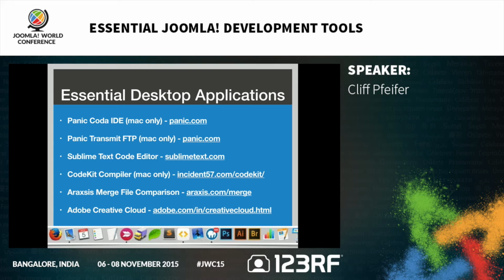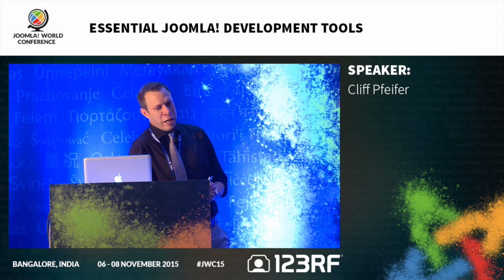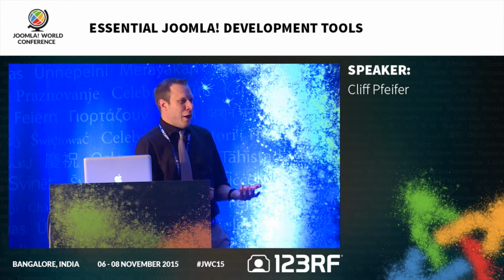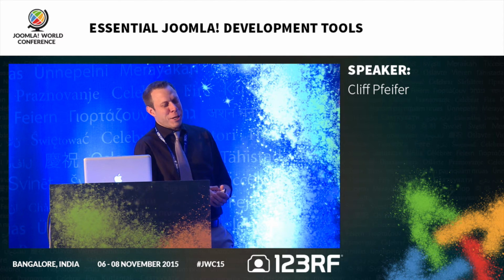CodeKit is a new thing. I just found this earlier in the year, and it's indispensable at this point. I'm not sure if there's anything comparable on PC. If you go on their website, on their FAQs, it says, what if I'm on a PC? The answer is buy a Mac, which I don't think is a very helpful answer, but I was poking around and I didn't find anything for PC.